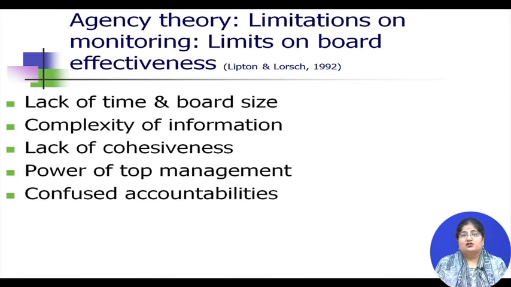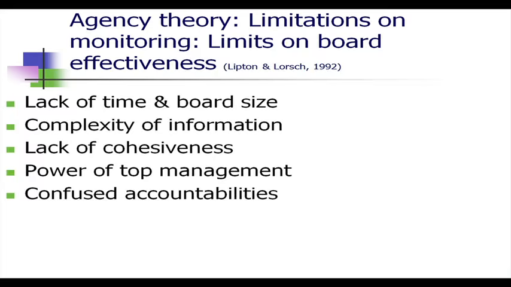Okay. Now the limitations on monitoring are, or the board's job is to monitor, but there are some limitations on board effectiveness, and these limitations are lack of time and board size. The board is people who meet say maybe 8 times in a year.